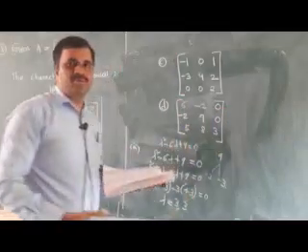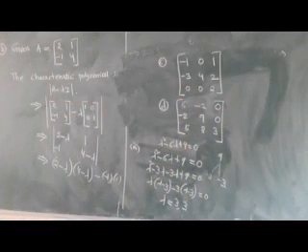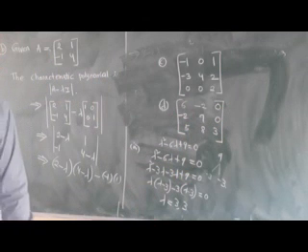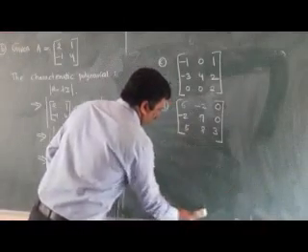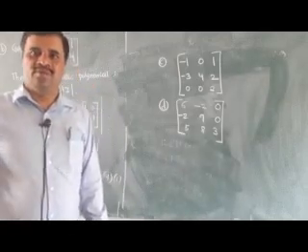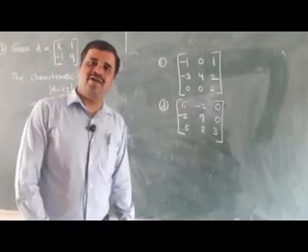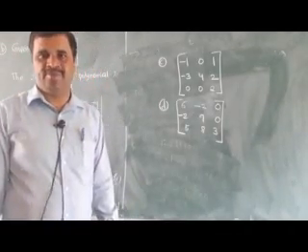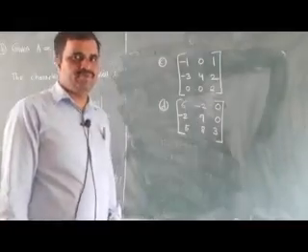For these two problems, you have to find the characteristic polynomial, characteristic equation, and characteristic roots. Here it is a 3 by 3 matrix, so you have to consider the identity matrix of 3 by 3: 1 0 0, 0 1 0, 0 0 1.